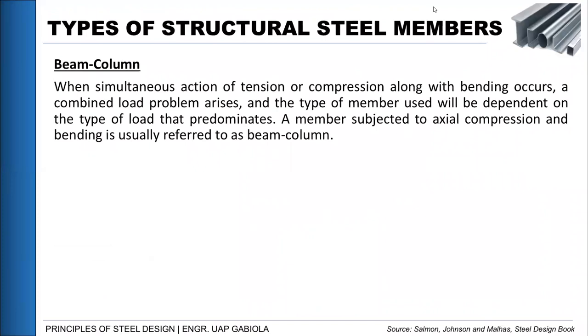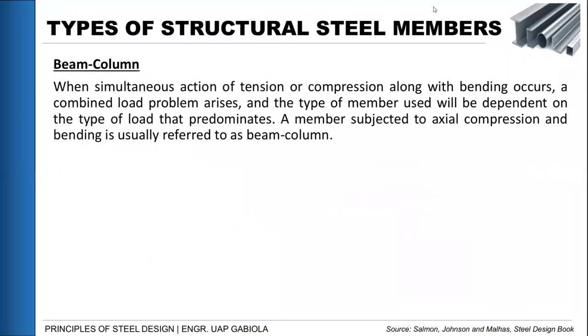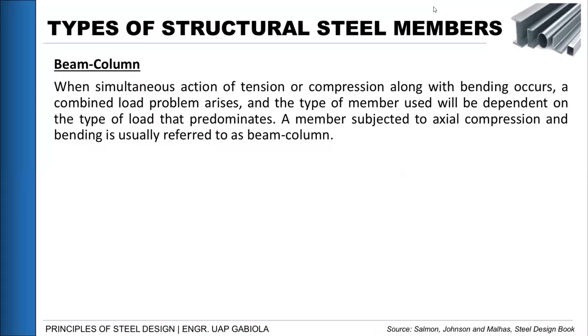Next, we have beam columns. For beam columns, the simultaneous action of tension or compression along with bending occurs, or is combined, and a combined load problem arises. Meaning some columns do not only experience axial load. Sometimes they are also subjected to moments, and when subjected to moments, they behave like a beam.